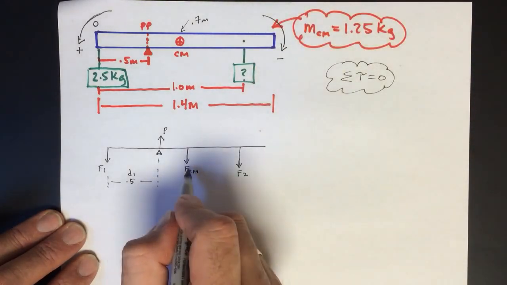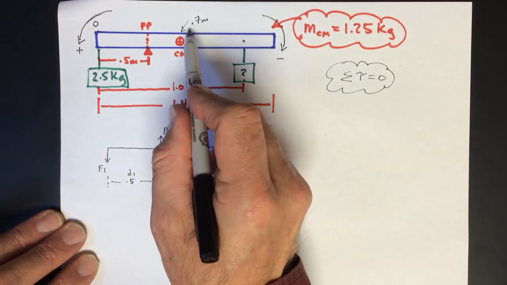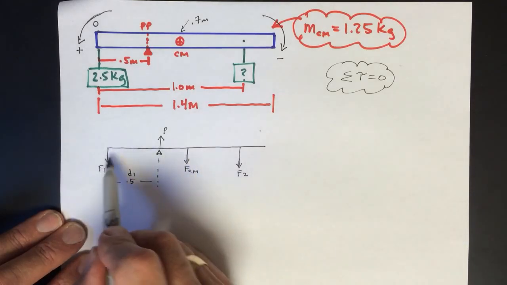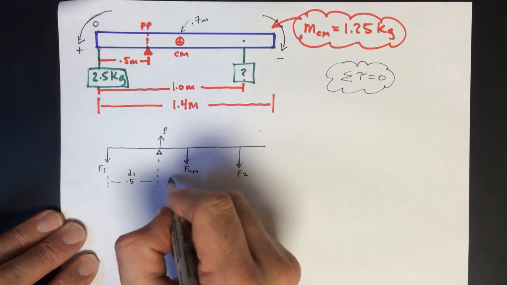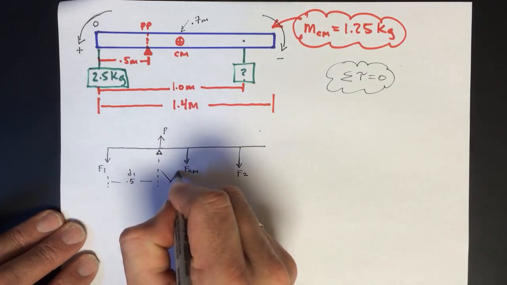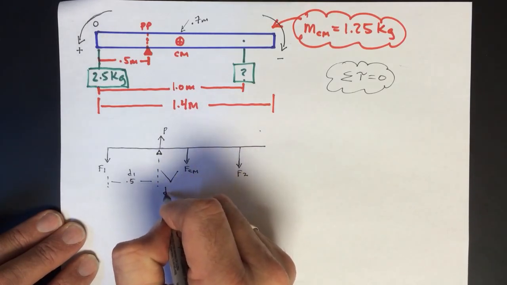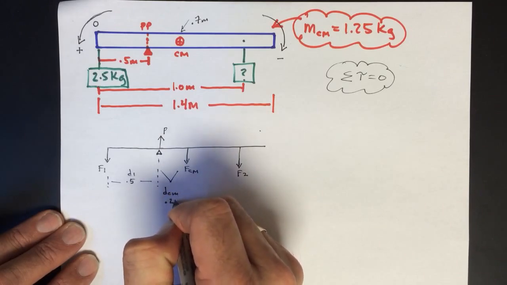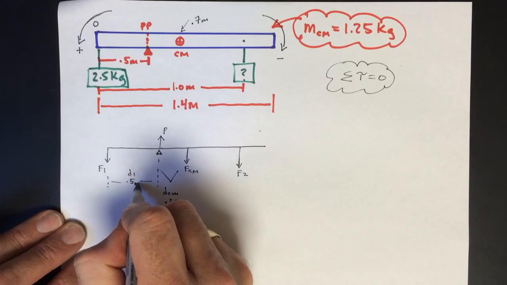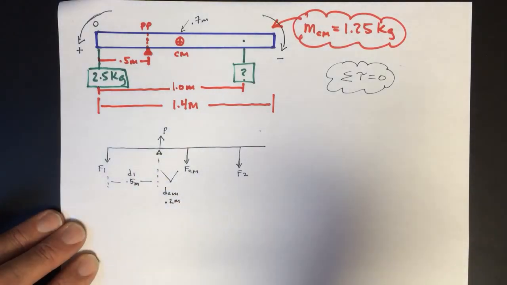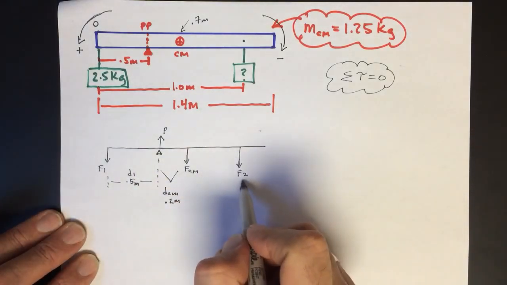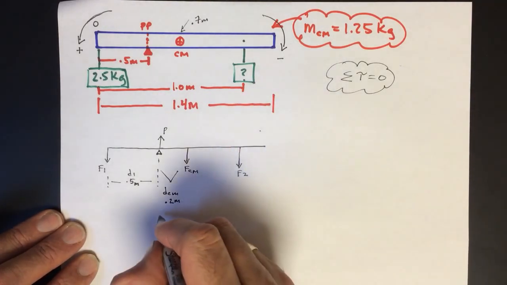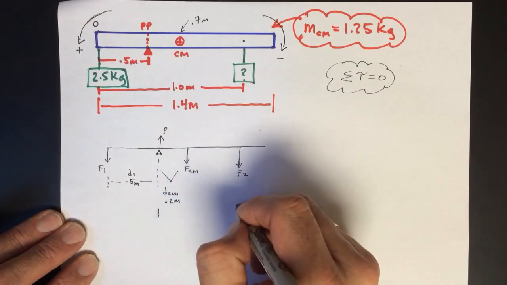Okay, now where is that located? Since that's 0.7 from the edge, so from here to here is 0.7, and from here to here is 0.5, that means that this distance here, we'll call that dcm, is equal to 0.2 meters. Okay, so now the next force would be the unknown weight. So that would be from here to here.